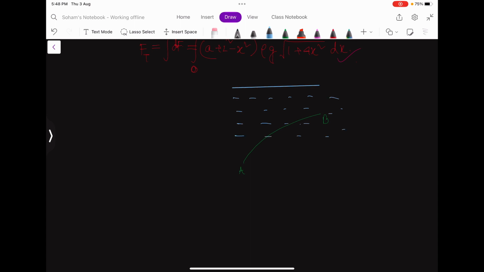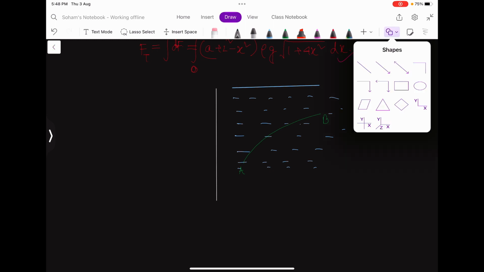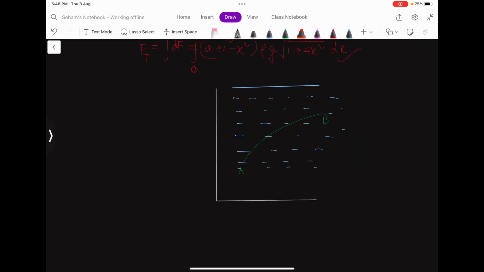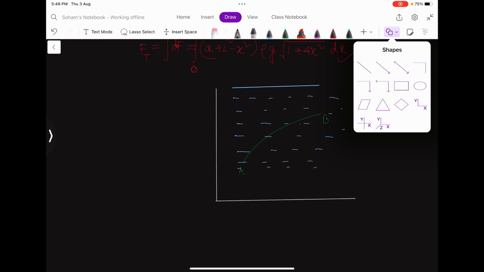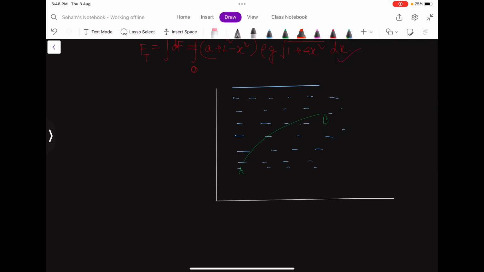Around the curved surface, let us just give some boundaries. Maybe this is a tank again. Consider this as a tank again.